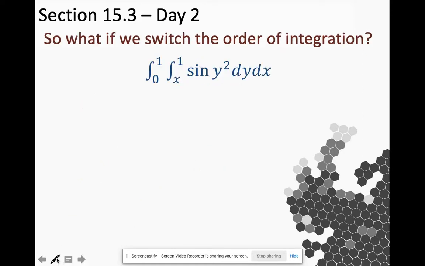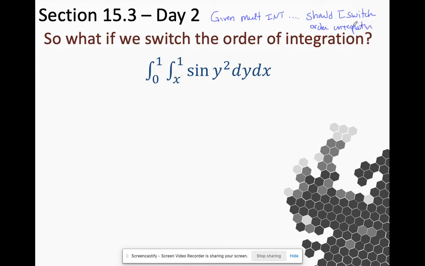What if I switch the order of integration? And that's what today is. When you are given a problem, which is what we did before, we kind of made the choice, but maybe you are given a multiple integral. A question you need to ask yourself is, should I switch the order of integration?